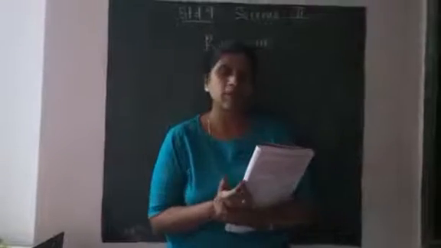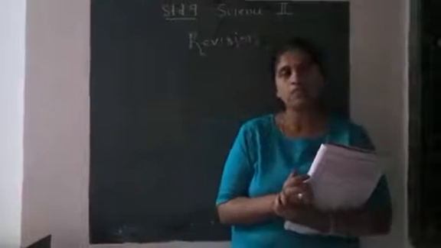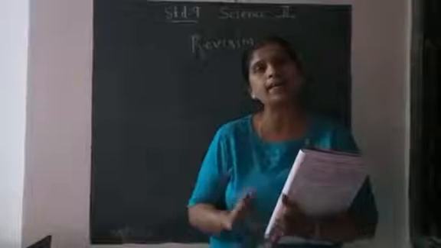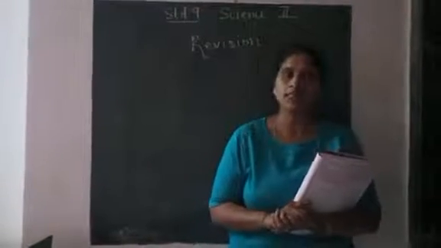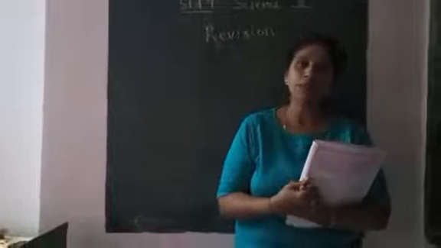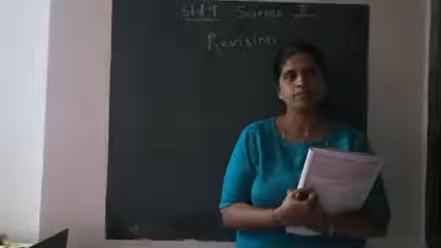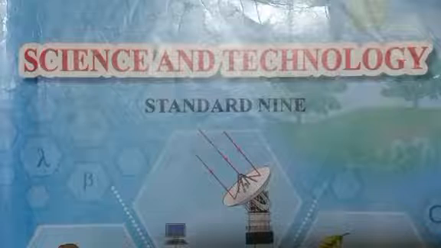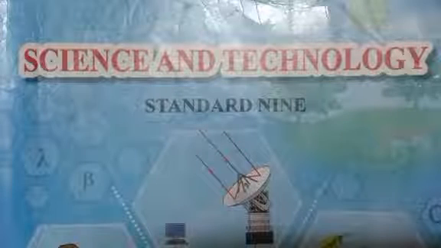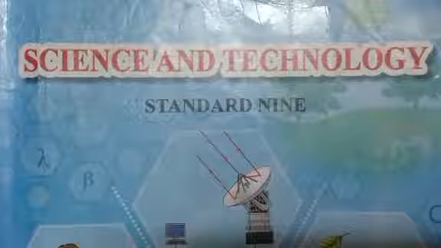I will take my pen and paper and I will show you how we make this monohybrid cross and the dihybrid cross in Mendel's experiment. So you too take your paper and pen and be ready to write it down. Children, for revision, as I said, we are going to do the monohybrid cross first.